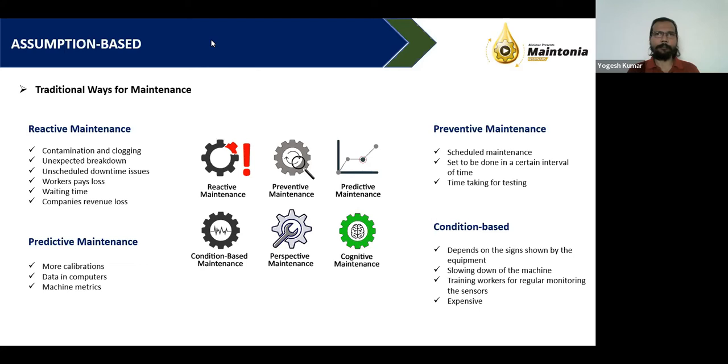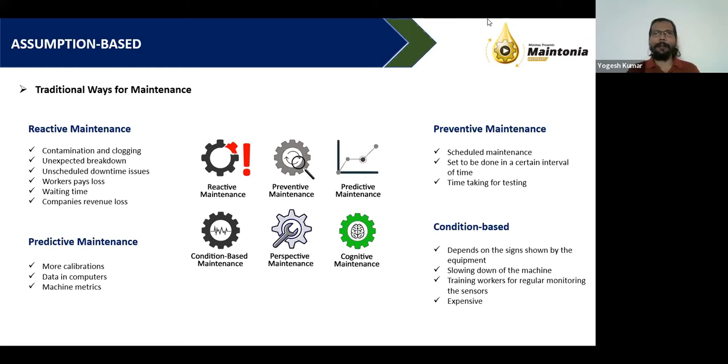Very good. The question mark remains that those parameters, whatever we have chosen, are they really sufficient, or can we do better in that? That we will see later. Those parameters like pressure, temperature, vibration, are they sufficient? Probably not. We will see how.